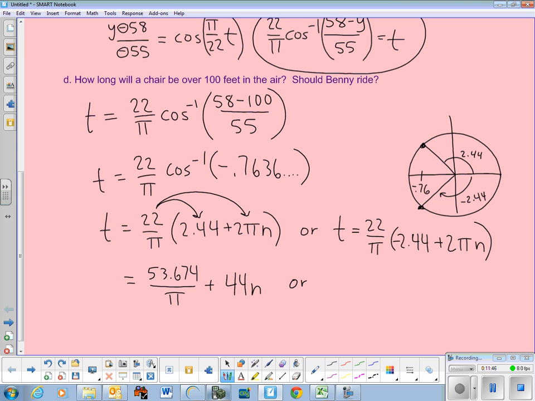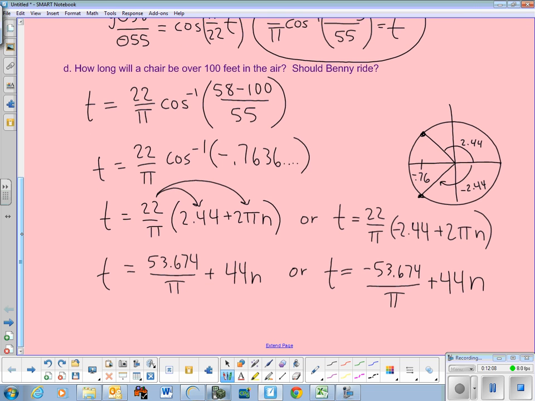And this one, this is just the negative of that one, so this is negative 53.674 over pi. You could go ahead and divide that number by pi and incorporate that into the decimal if you want to. But either way is fine. So what I need to do is find two consecutive values where this is true.